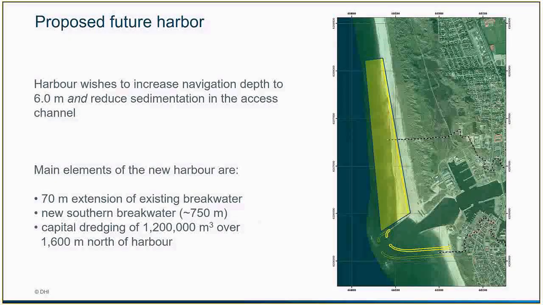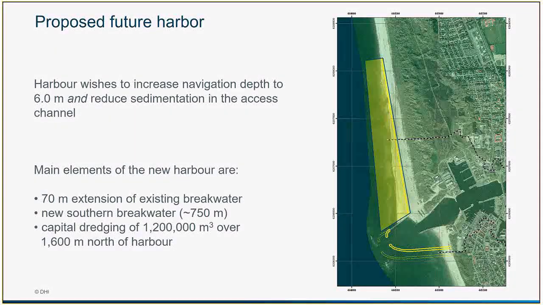Once we've calibrated our model, we're ready to test some potential new design. And this is what DHI has proposed. So basically, the existing breakwater has been slightly extended and curved in order to increase the bypass, and another breakwater has been constructed south of the port in order to have this double breakwater shape that is well streamlined and that will be able to bypass sediment and minimize sedimentation in the channel.